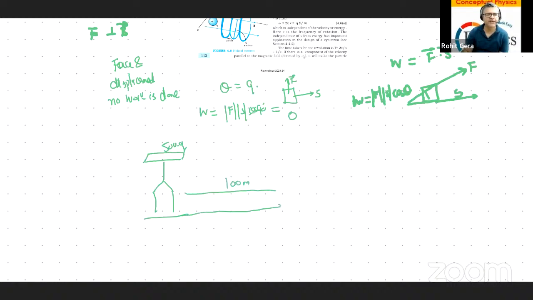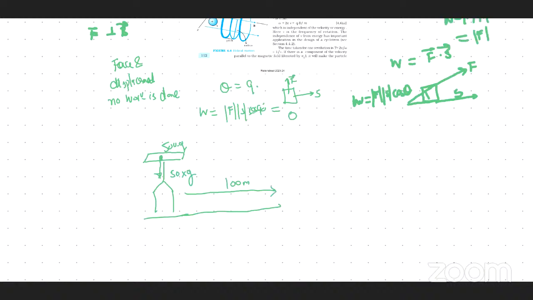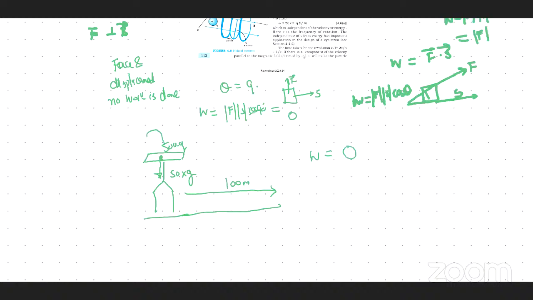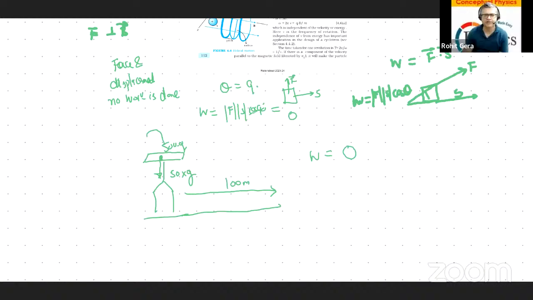The direction of the 50 kg is where? Weight. And the displacement is in the x-axis. The work done by the man to carry 50 kg is 0, because they are perpendicular to each other.